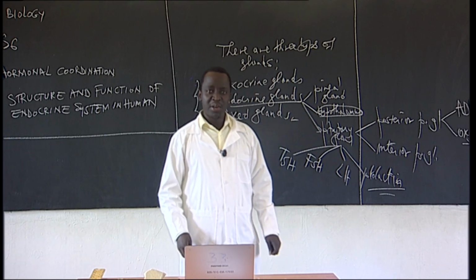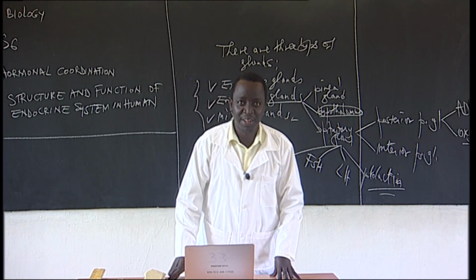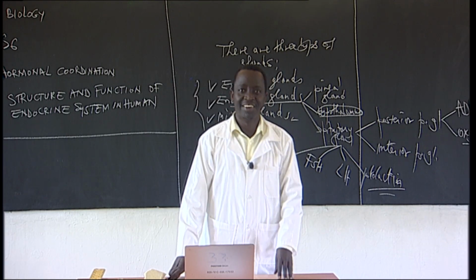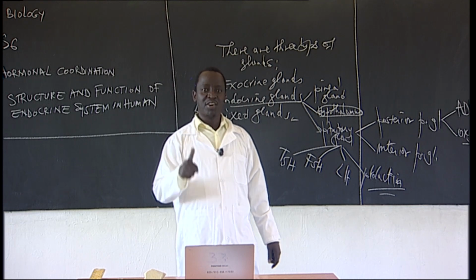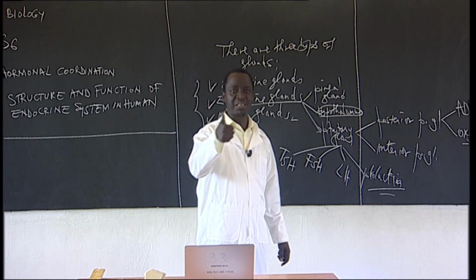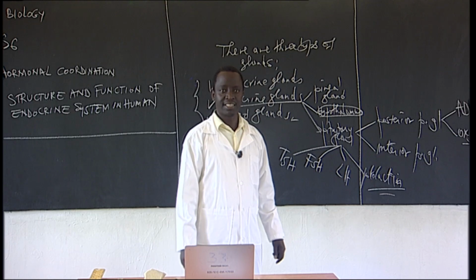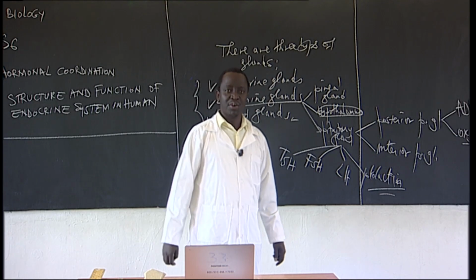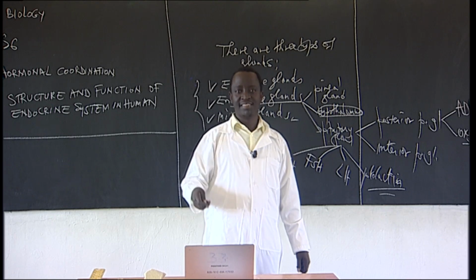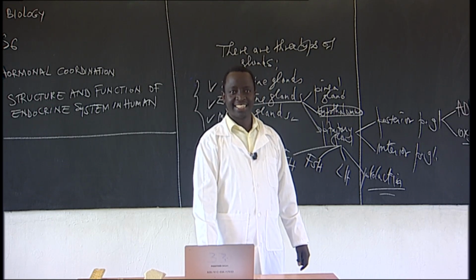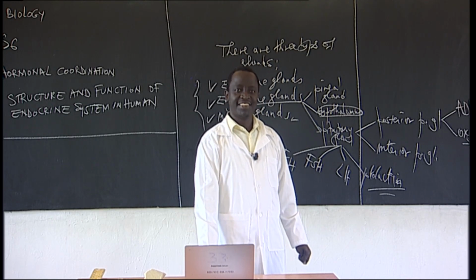Can you add another function of hormones? Hormones can also enhance skin coloration, you are right. It is good. What else? Hormones can be involved in what? In homeostasis. Oh, nice.